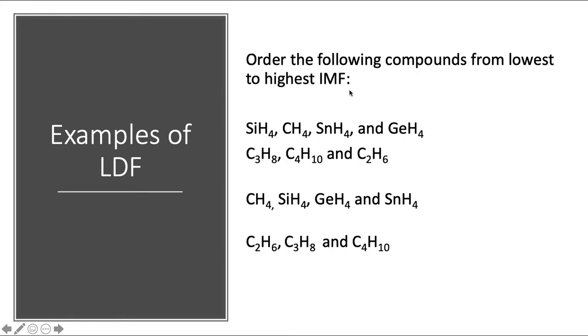So this is then the order of the intermolecular force from lowest to highest for this example. I have C2H6 as the lowest, and then right next to it is C3H8, and then lastly, with the highest intermolecular forces out of these three molecules, is C4H10, because the size is increasing and the molecular weight as well.